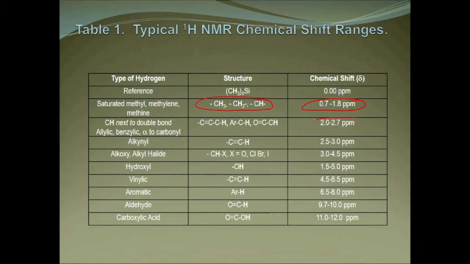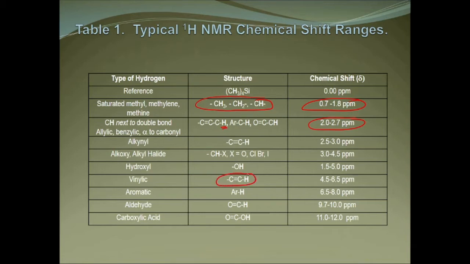If we have a peak between about 2 to 2.7 ppm, this is a CH on a carbon that is part of a double bond. For example, allylic CH. So we're looking specifically at a peak arising from this hydrogen, but notice that it is bonded next to a carbon-carbon double bond. It is not part of the double bond.